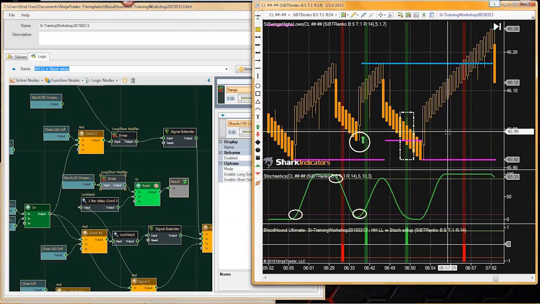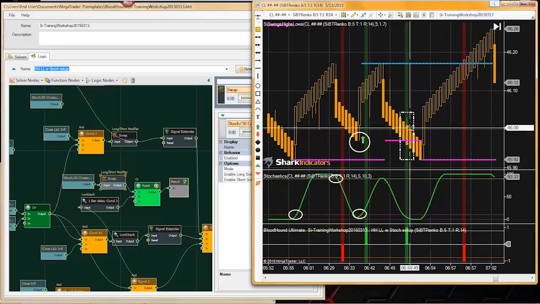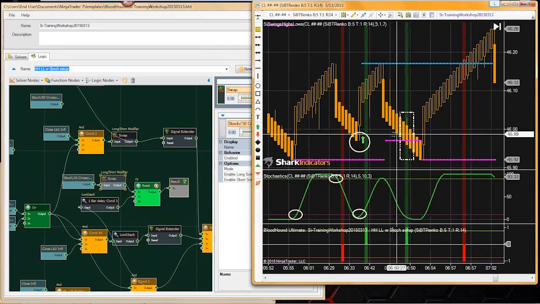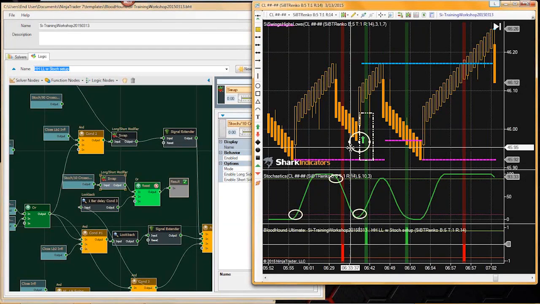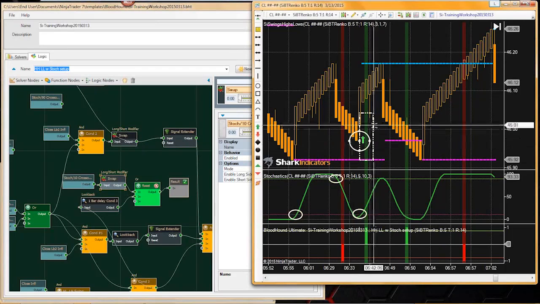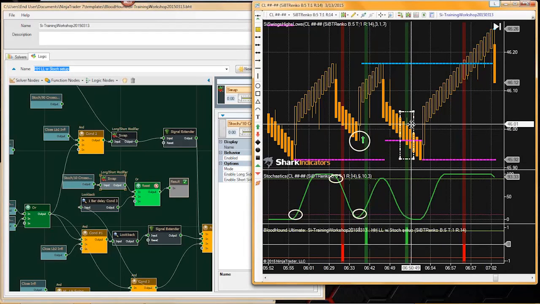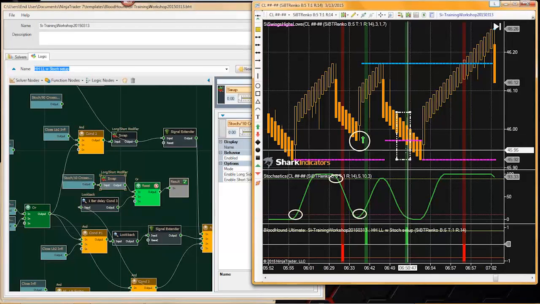All right, so now let's take a look at this. So this is our reset signals. All right, so we got a reset. So we're going to reset those signal extenders when we get a successful condition 3, or if we get a failed condition 3. We're getting a long output to reset those signal extenders.